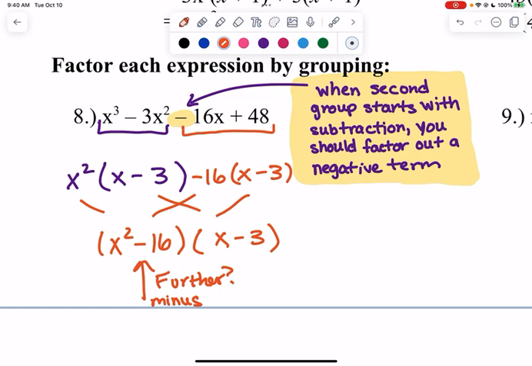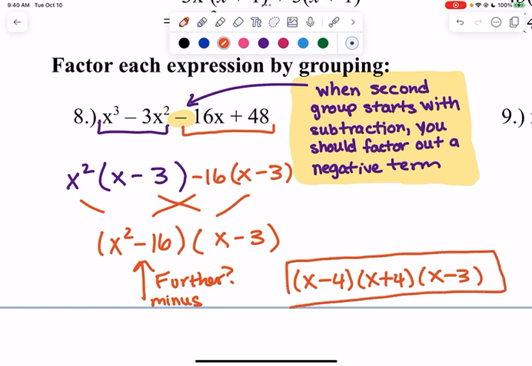So x squared minus 16 can break down into x plus 4 and x minus 4. When you say factor completely, you would want to take that last step. If you can break down a quadratic any further, you want to. x minus 3, you can't do anything with that. But any x squareds, you want to check.